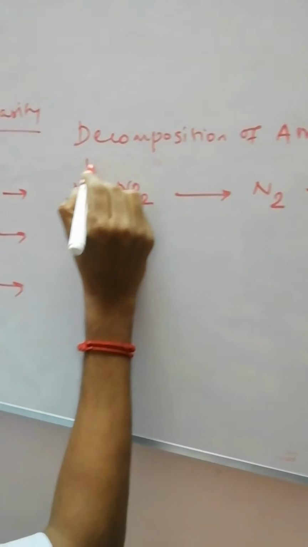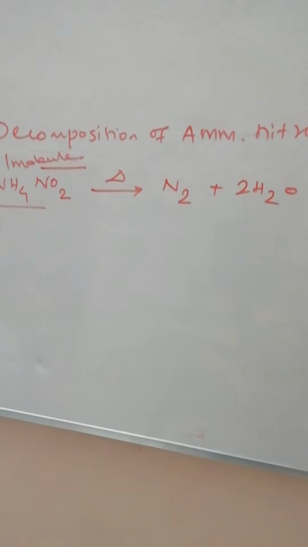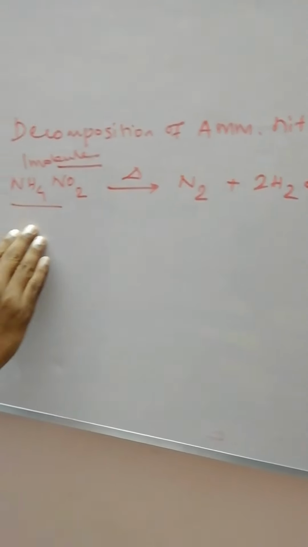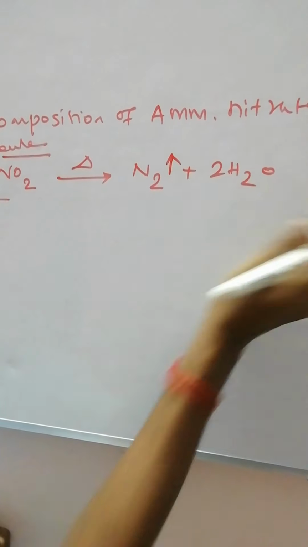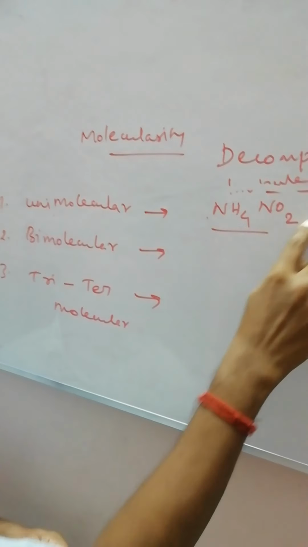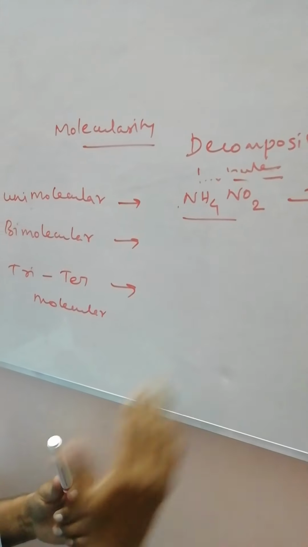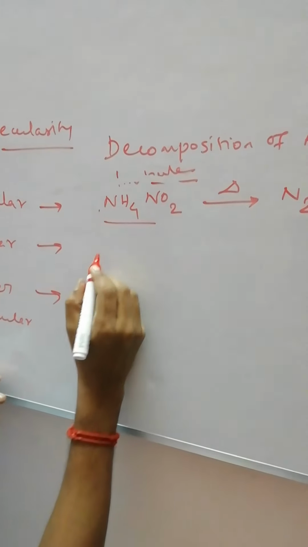Ammonium nitrate is one molecule. In the presence of heat, ammonium nitrate decomposes to give nitrogen gas and water. So this is unimolecular: a single molecule undergoing reaction to give products is called a unimolecular reaction.